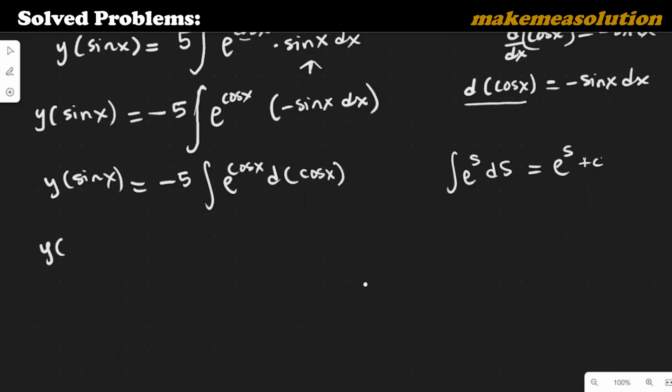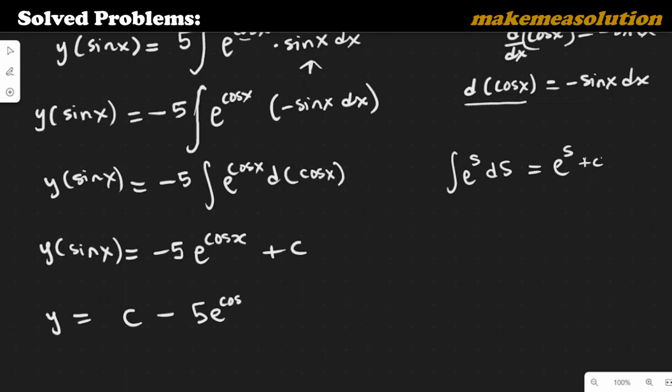So y sin x is equal to negative 5 times the integral of exponential cos x d cos x, which is exponential cos x plus c. So you can now see that our y is c minus 5 exponential cos x over sin x. We can leave it here.